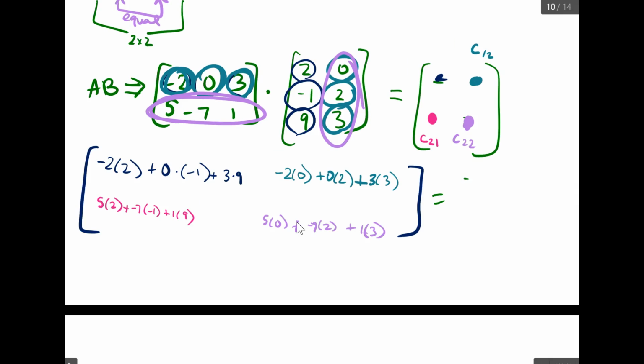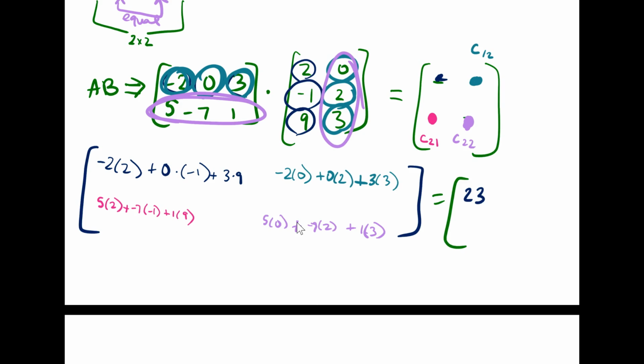So let's see what the solution would be. Okay, so if I go through first one, negative 2 times 2, negative 4, plus 0, plus 27. So I believe Sarah said it was 23. The top left? Negative 23. Oh, yeah. So that's 20. Yep.